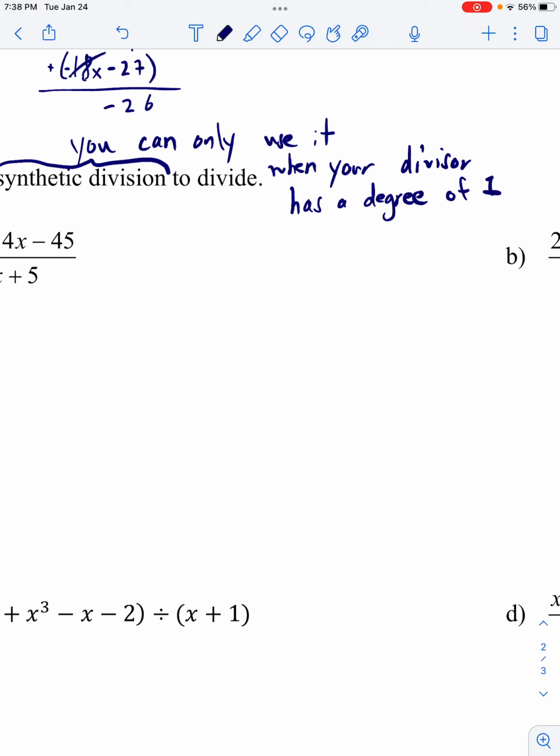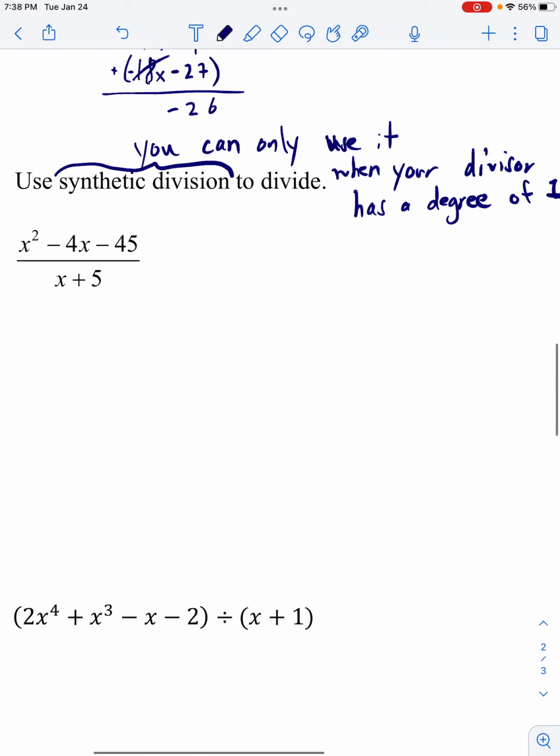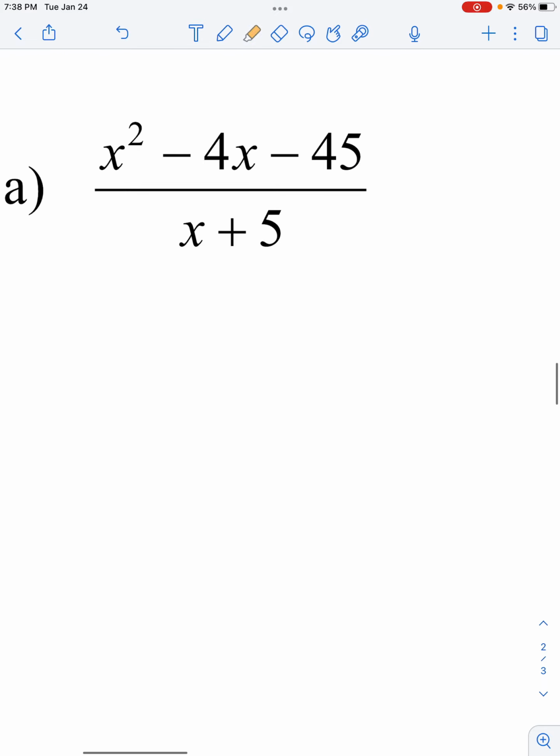That's the drawback. If there's any exponent in the polynomial on the bottom that's 2 or greater, you cannot do synthetic division. Otherwise, it's a great tool.